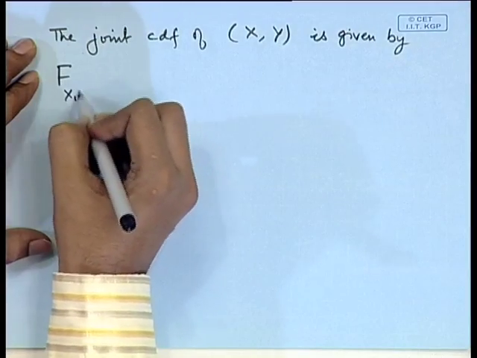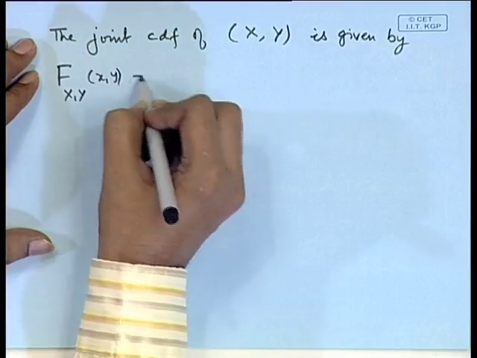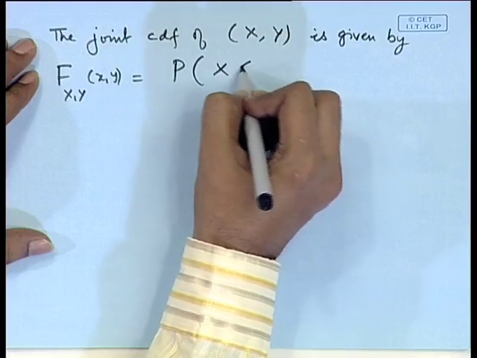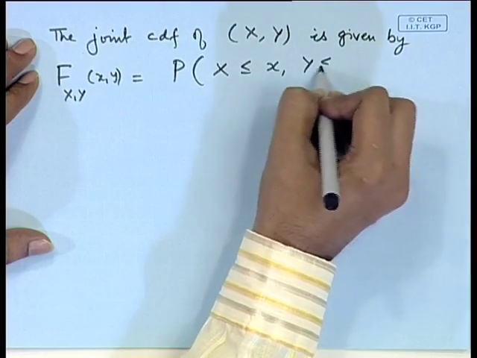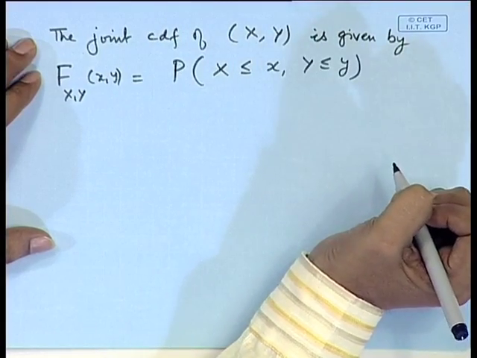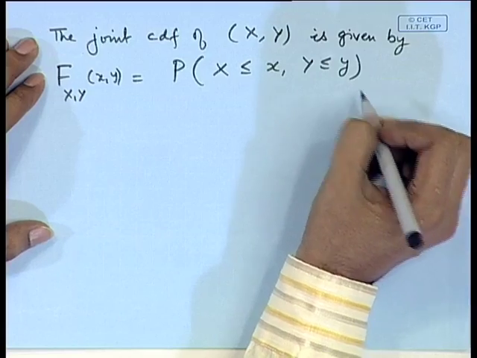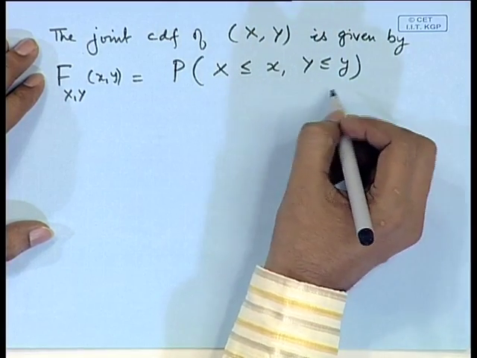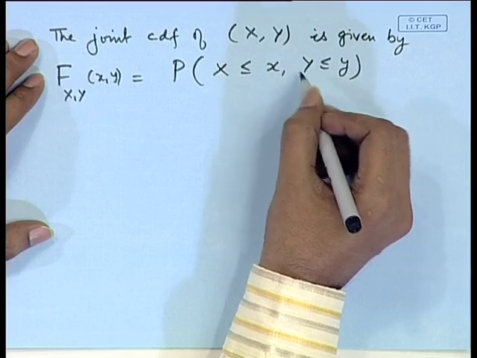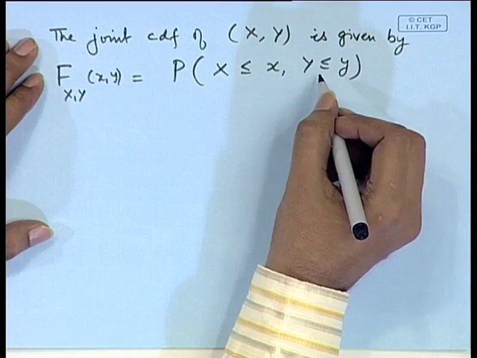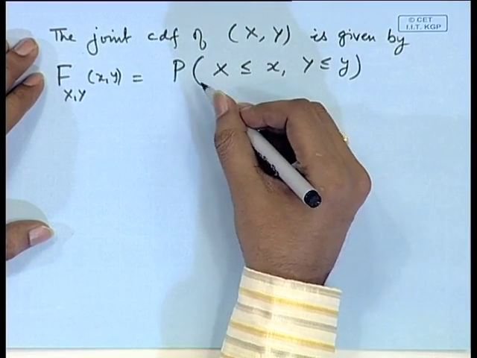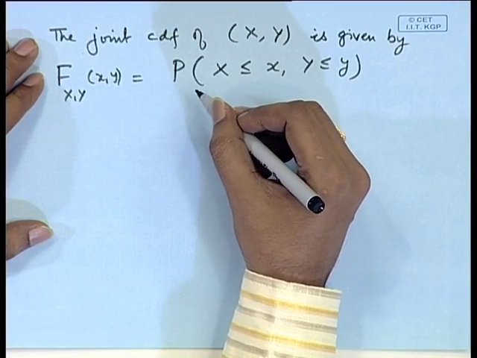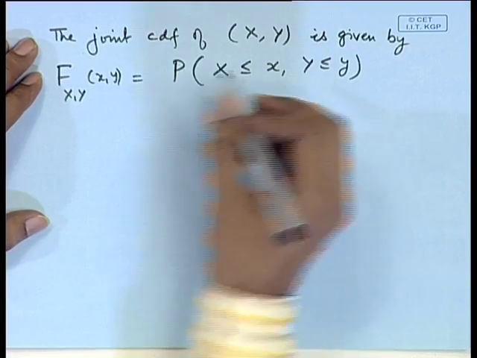F x y as probability of. So, we can see here that this function gives information about the type of the random variables that x and y are, as well as it will yield the individual CDFs of x and y also.